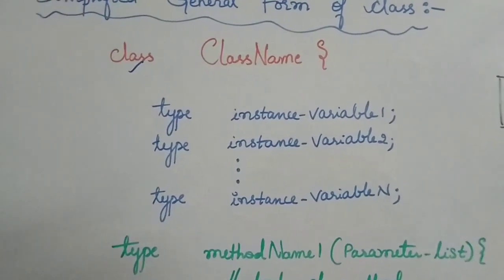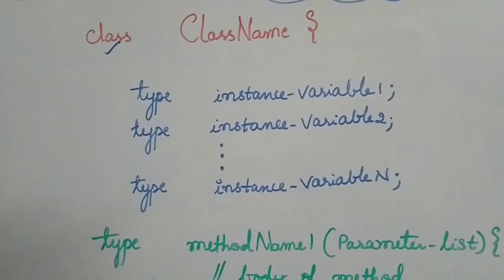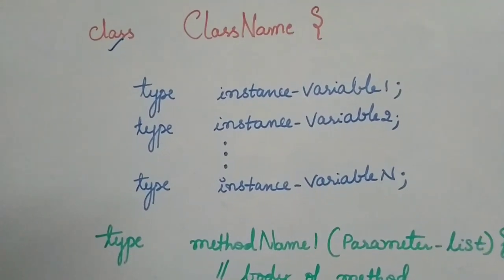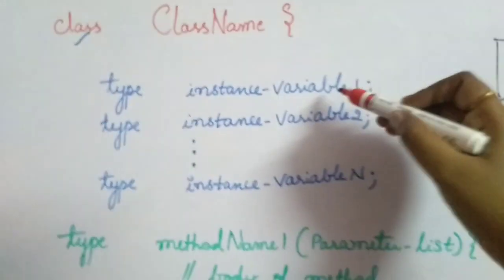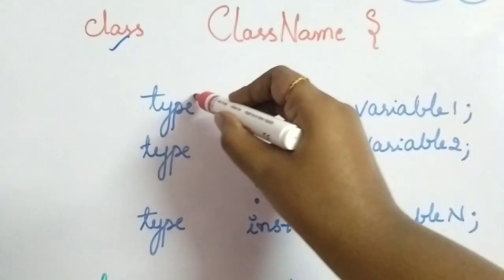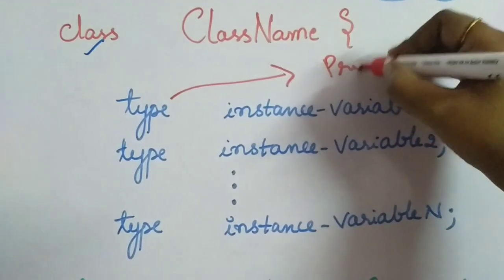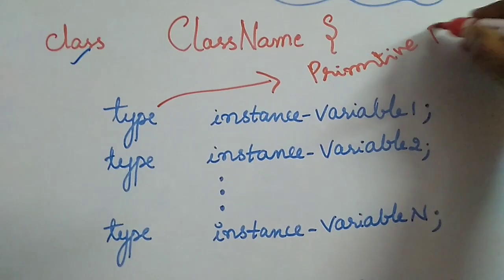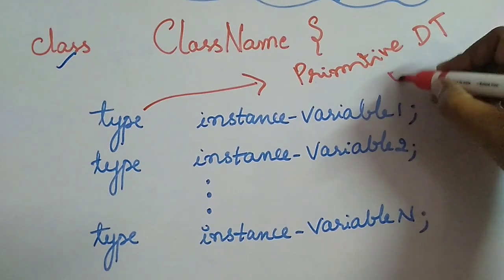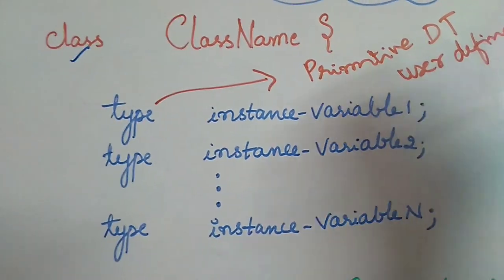Inside the class, this blue color thing is called your data. The syntax for declaring the data is type and then instance variable 1. Now what does this type mean? This type means that it can be any of the primitive data types, or it can also be user defined data types. It can be another class also.